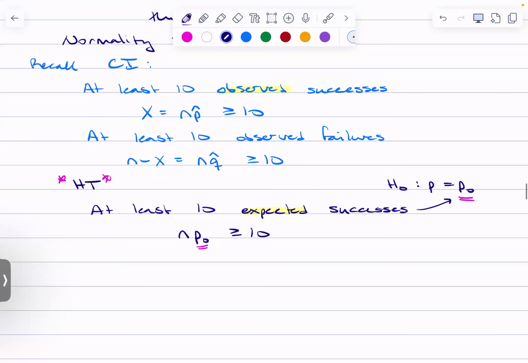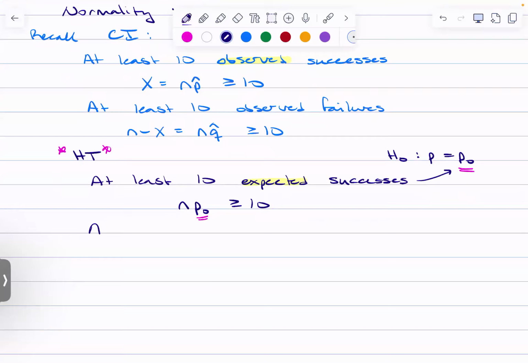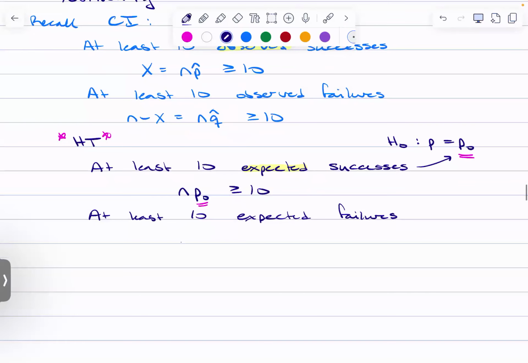And I think you can guess it. You need at least 10 expected failures. n times q naught has to be greater than or equal to 10, where, of course, q naught must be 1 minus p naught.